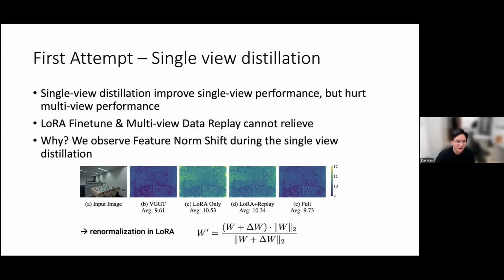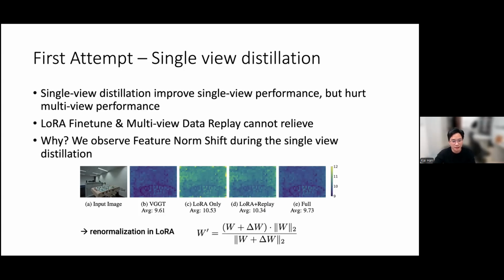But unfortunately, we found that the performance decreased. The reason is that the monocular depth estimators are mostly trained on monocular images, but for the 3D foundation model, we train them using multi-view images, so we were hurting the capability of the 3D foundation models.